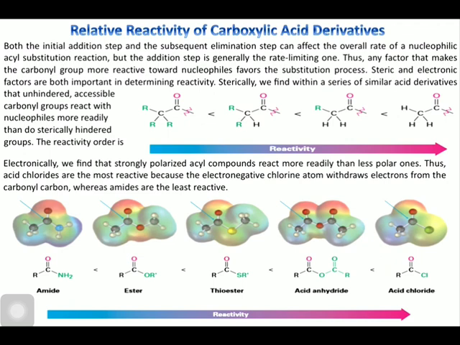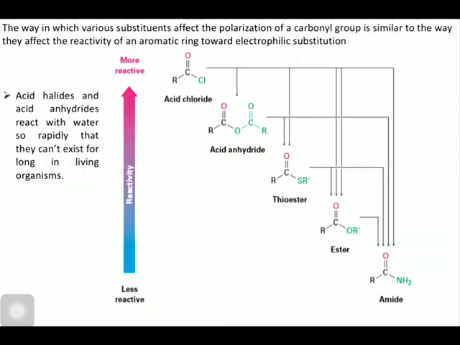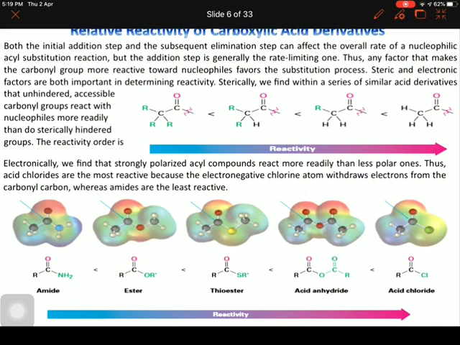The reactivity of carboxylic acid derivatives: here I mention one important thing, that steric hindrance plays a main role in reactivity. For example, the one with three substitutions on the alpha carbon of the carbonyl group has less reactivity because of the steric effect.